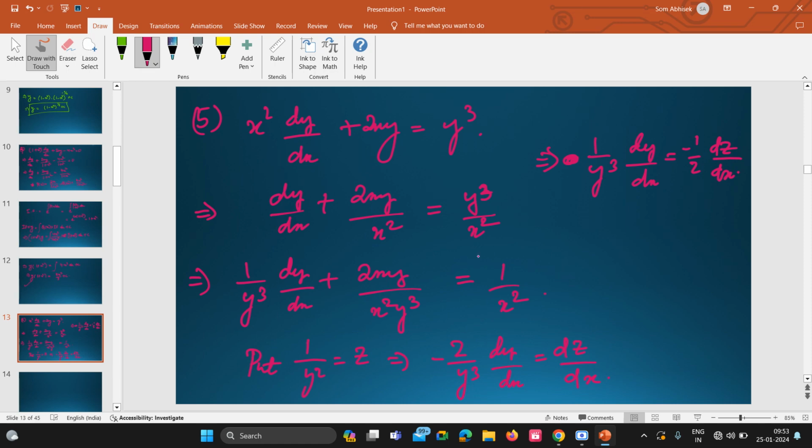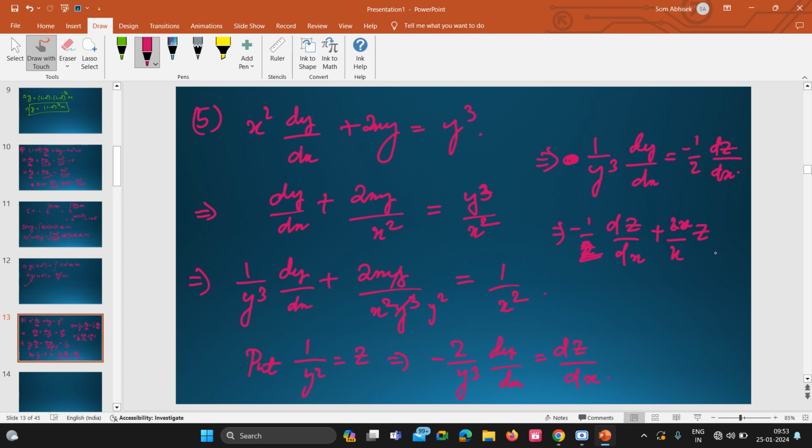So I will put in place of this minus 1 by 2 dz by dx, plus 2x by x square, which is 2 by x, into 1 by y square. 1 by y square is z, isn't it?